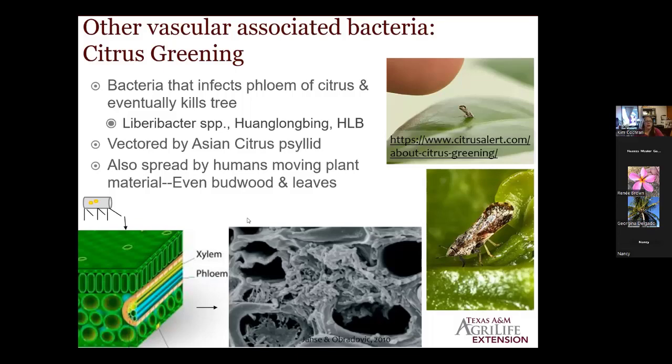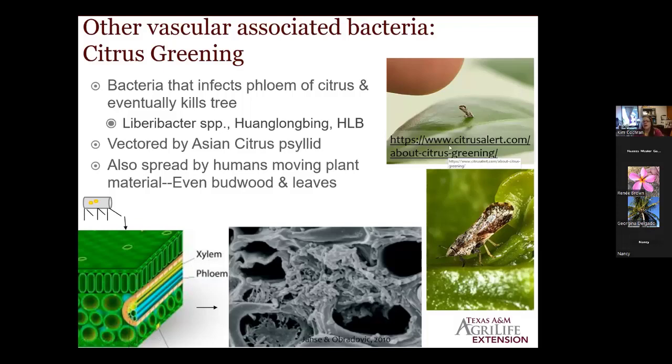It is spread by an Asian citrus psyllid, and it is also spread by humans moving plant material like budwood, leaves, even fruits. Basically any plant material whatsoever. This little insect vector is very, very small. There's a finger in relation to it, so it's smaller than the tip of a pencil lead.